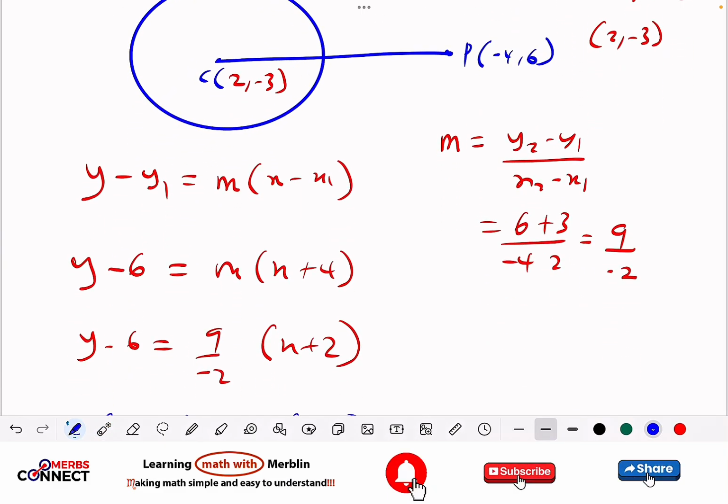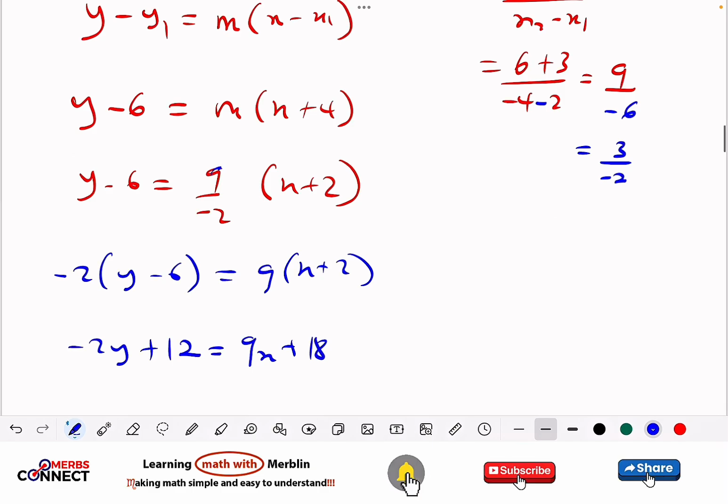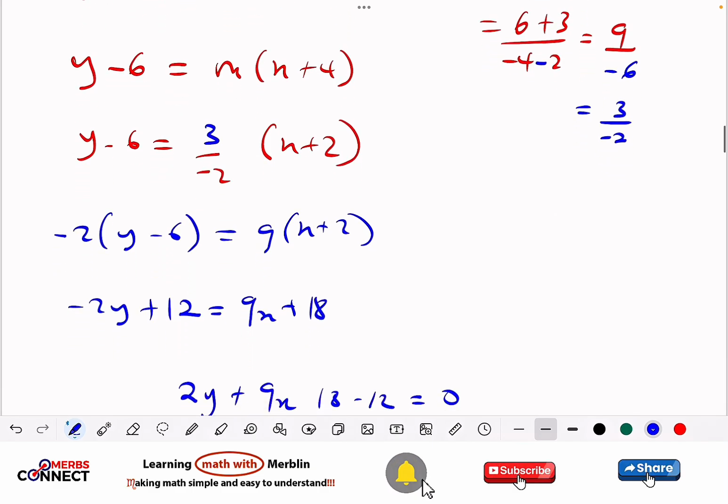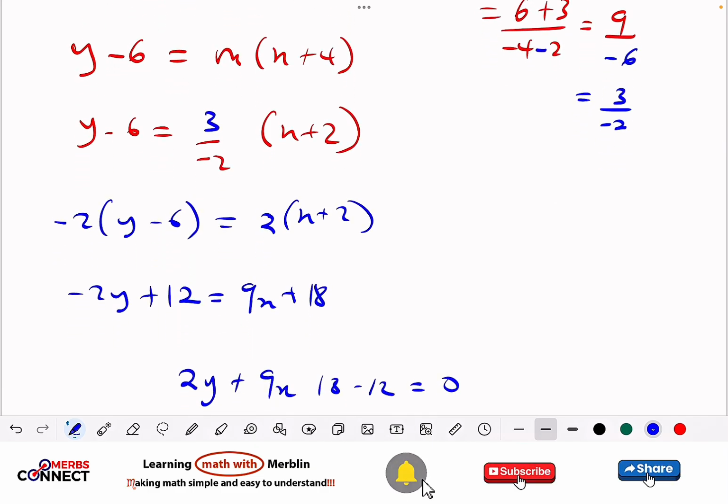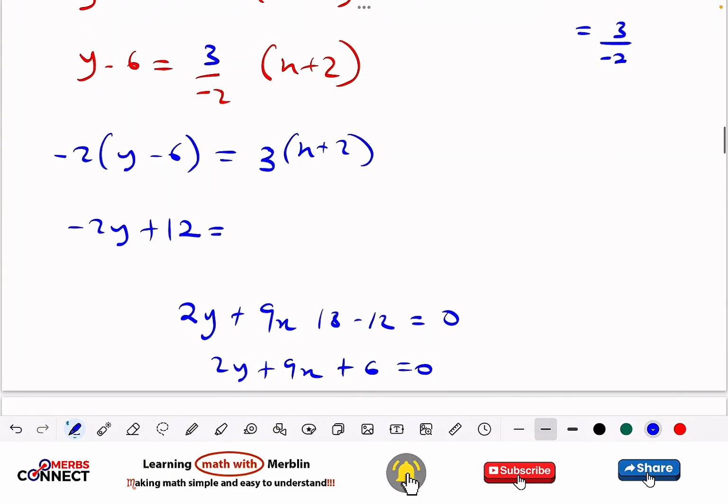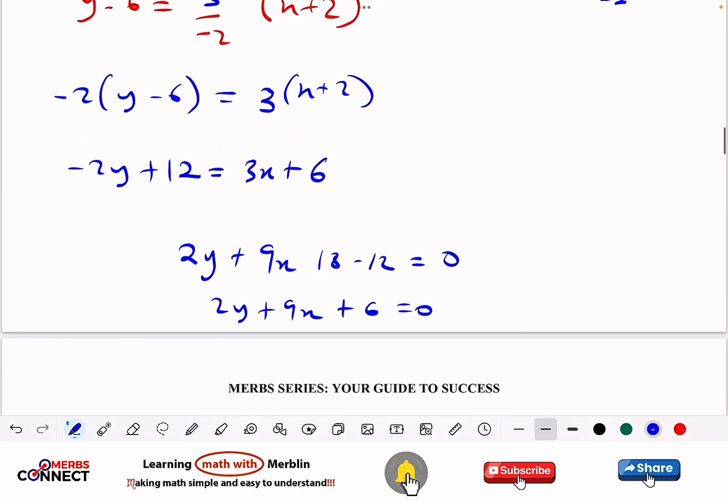So this one should be minus 6, and 3 goes here and 2 goes here. So this is how it's supposed to be. So there was a mistake here. This one is supposed to be 3, and when you multiply this, we are going to have 3x plus 6. So anytime you solve something and you are not getting the answer, sometimes you need to verify it.